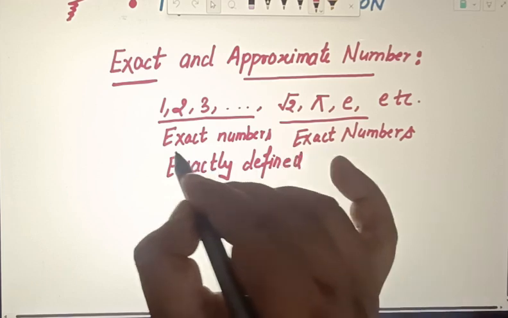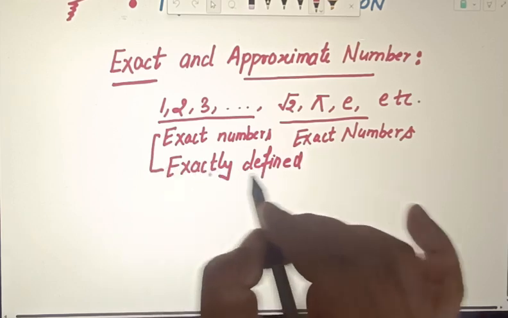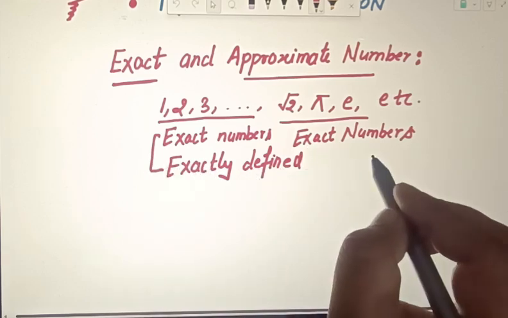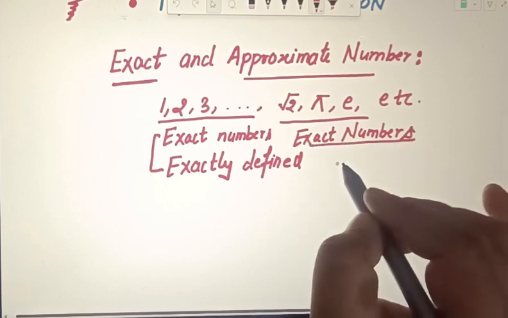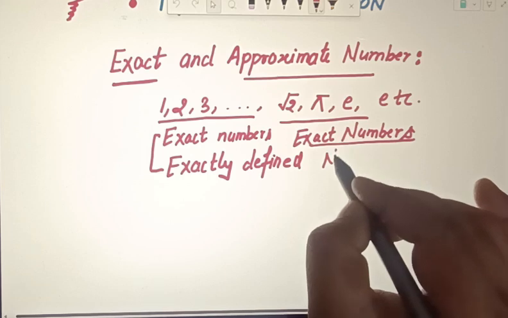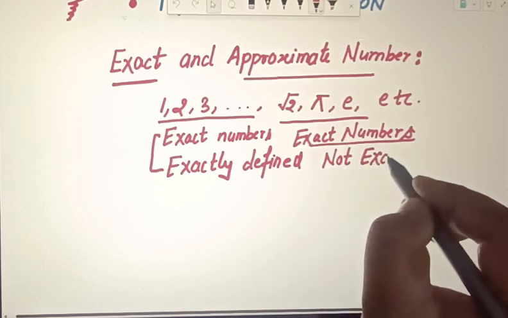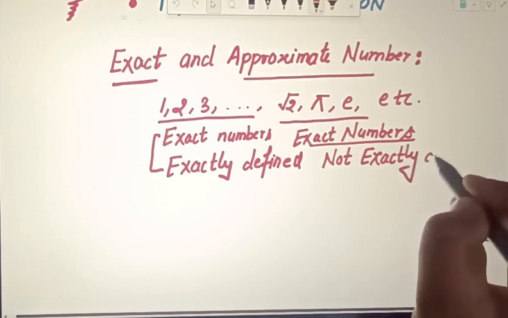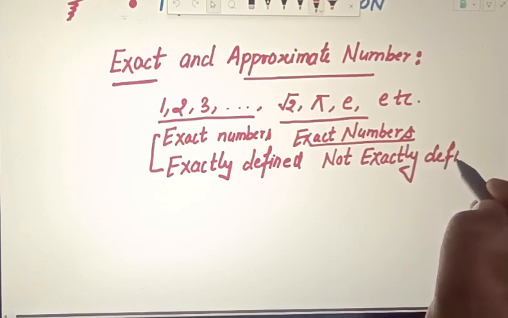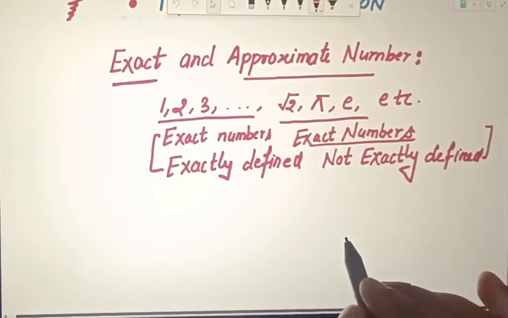These numbers are exact in nature and exactly defined. But on the other hand, these are also exact in nature but not exactly defined. This category of numbers will decide the approximate values.